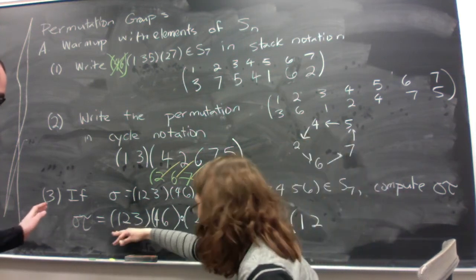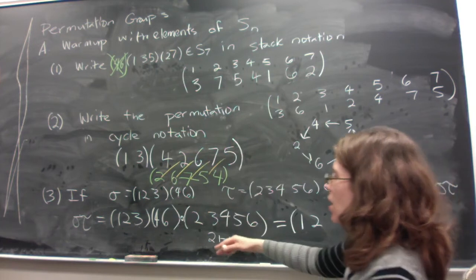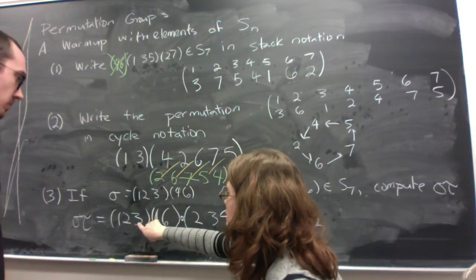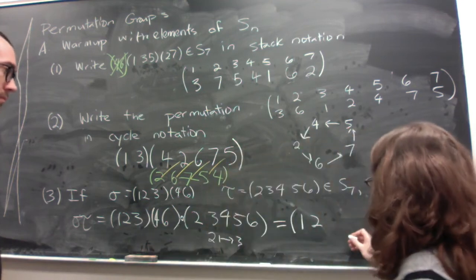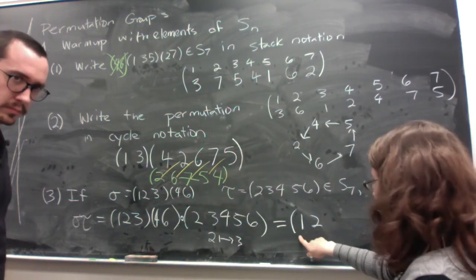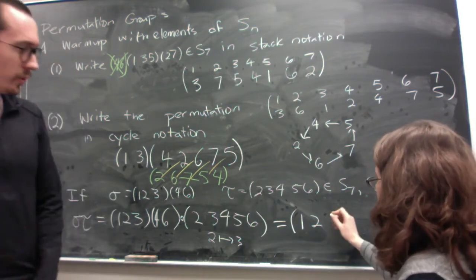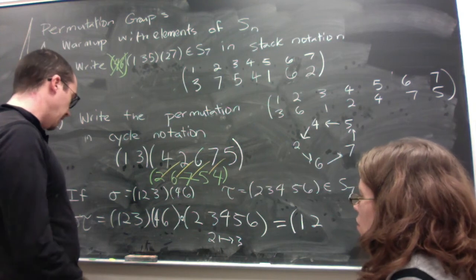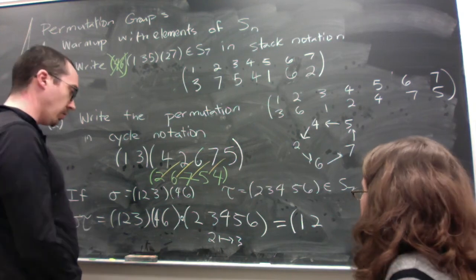So then I look at what (1 2 3) does to 3, and I know from what we talked through before that this means that 3 goes to 1. So that meant that 2 went to 1? I guess. It's weird that 3 doesn't show up there, but yeah, I guess 2 goes to 1.